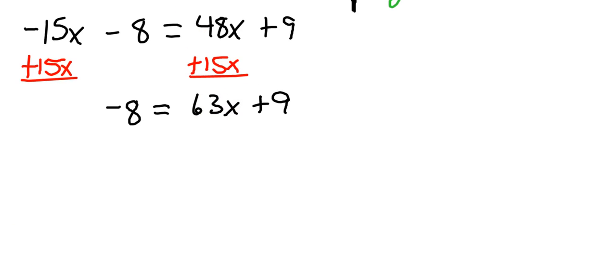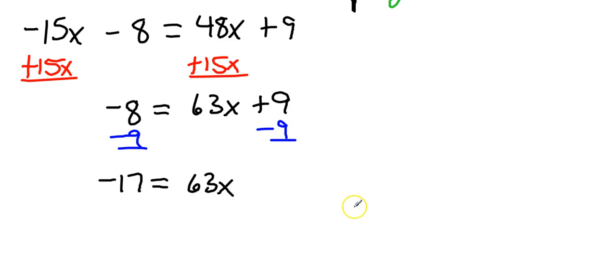And since the x is over here, let's get rid of the 9 and move it over to the other side. And once you do that, you've got 63 times x. So to solve this equation, we're going to divide both sides by 63.